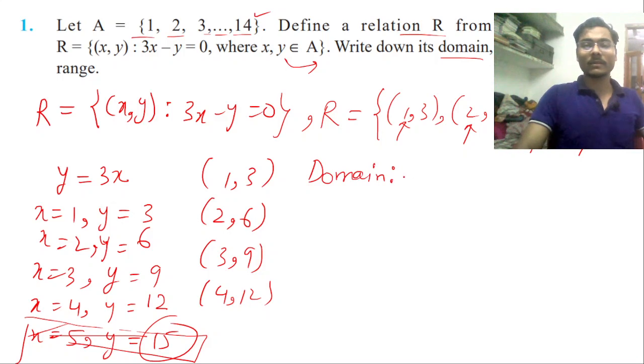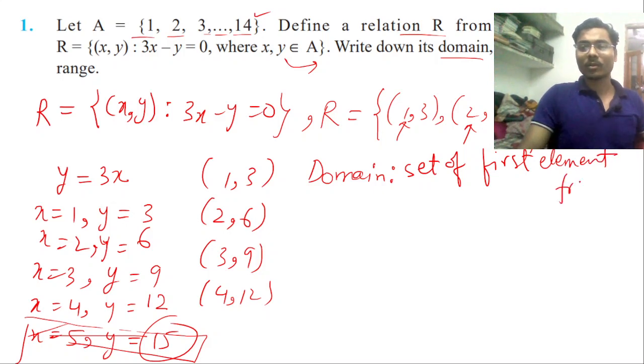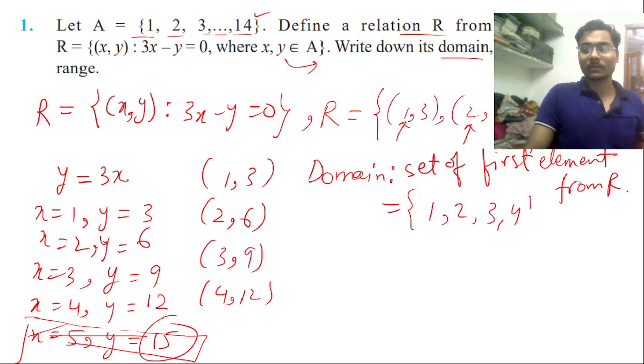You can simply write the definition of domain as: domain is the set of first elements from the relation. So we get 1, 2, 3 and 4.